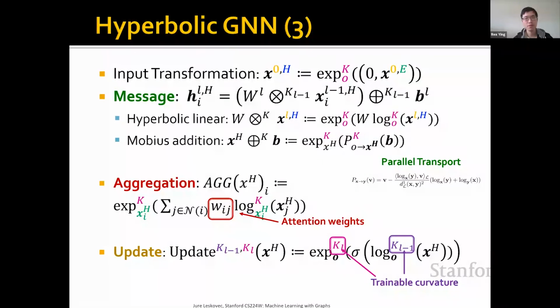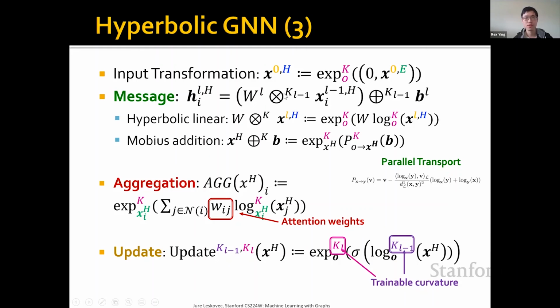The formulas for all these computations are very complex, and understanding them requires an entire lecture on differential geometry. So I won't go very much into the detail, but there are some high-level concepts that you can get from here. For example, in the message computation, because hyperbolic space has no natural neural network operations, we use a linear layer, basically the linear operation and the addition of the bias term, in the tangent space of the hyperbolic space.